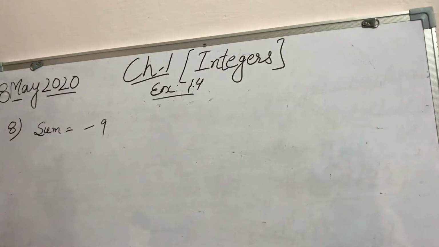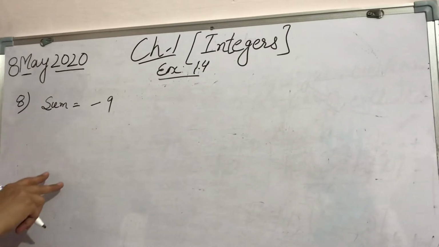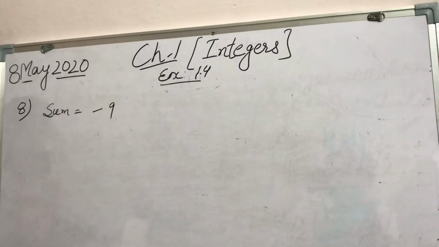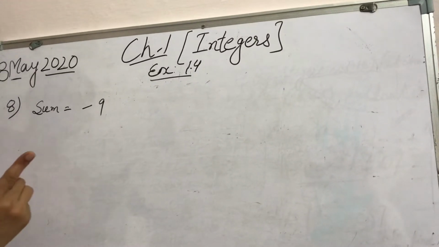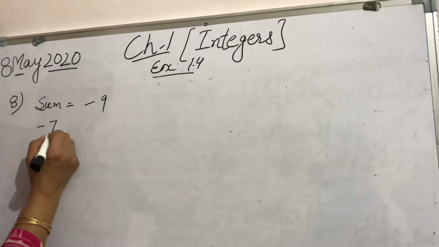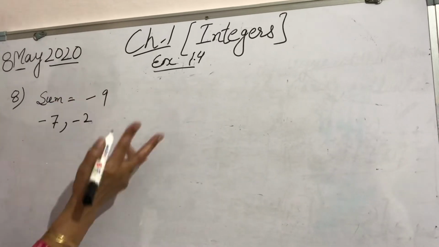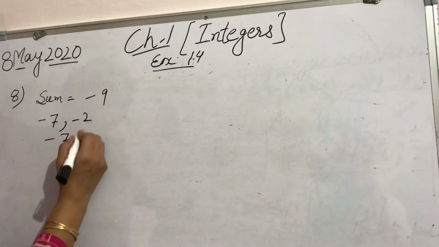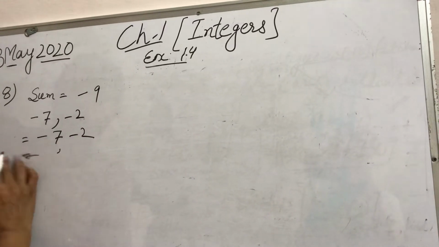So we can find the pair, whether negative or positive. We can take both negative integers, or we can take one negative and one positive. Suppose we take both negative integers, minus 7 and minus 2. If we add these two integers, minus 7 plus minus 2, it will be minus 9.